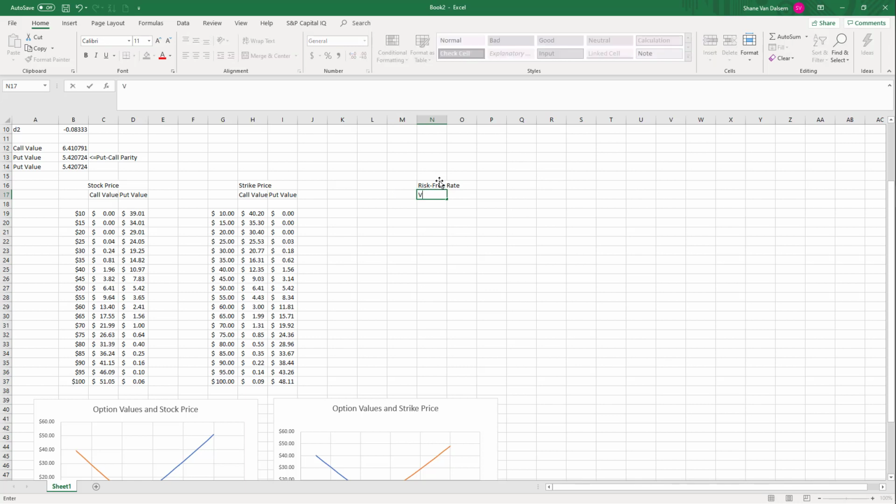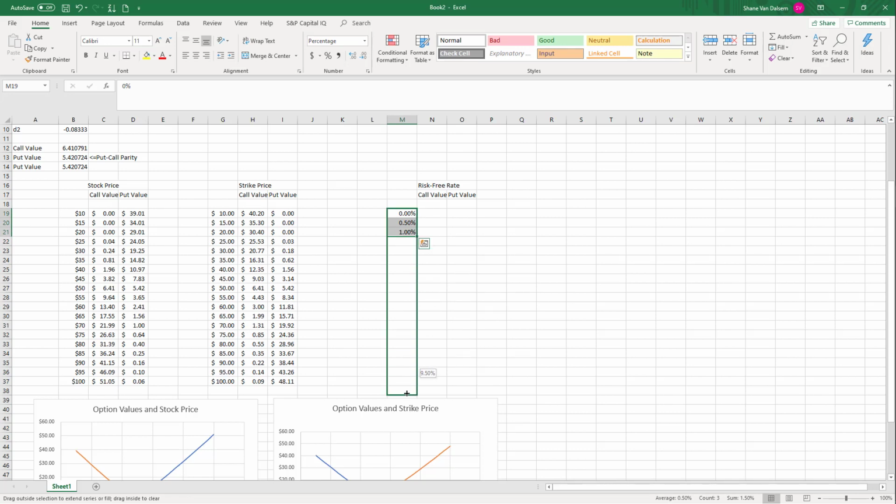Again, we've got our call value and our put value. I'm going to start with a 0% risk-free rate, and we're going to just go up by 0.5% each time. Okay, we're going to go up almost to 10% there.